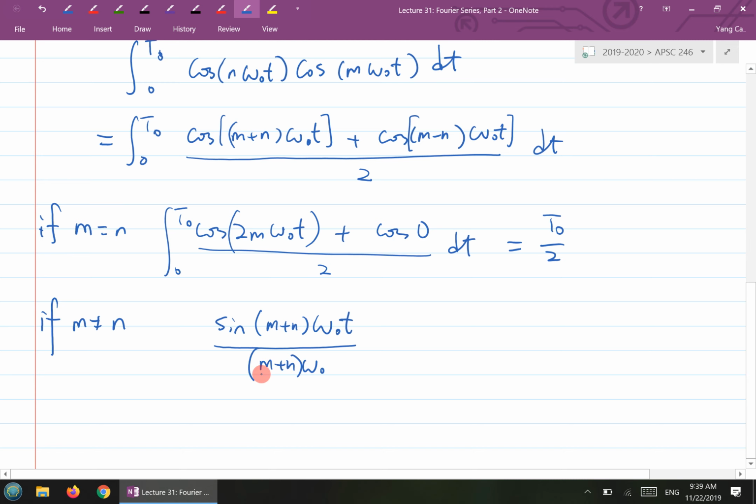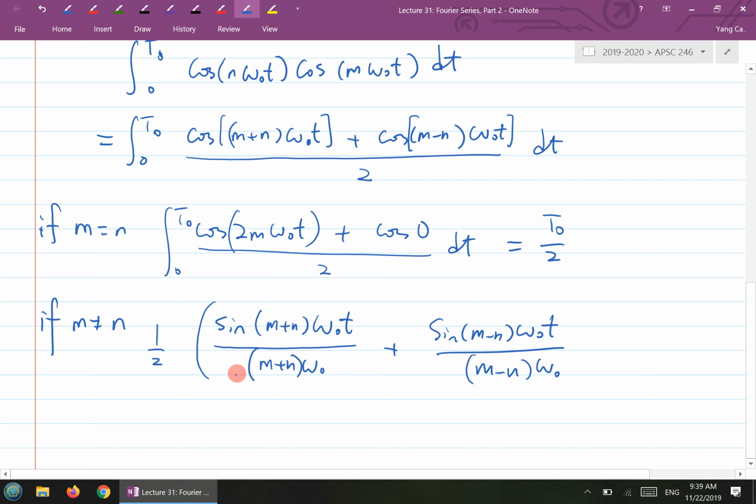The derivative of this gives you back this. And don't forget the 1/2 at the beginning here. For the second one, you get sine m minus n omega naught t, divided by m minus n omega naught. So that's the integration of these two terms.